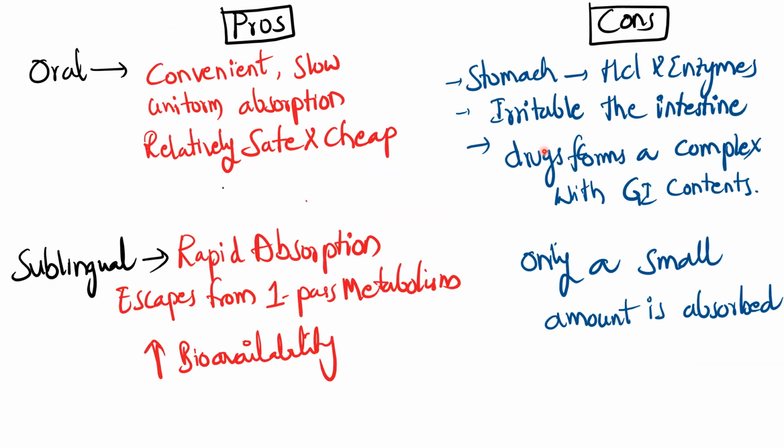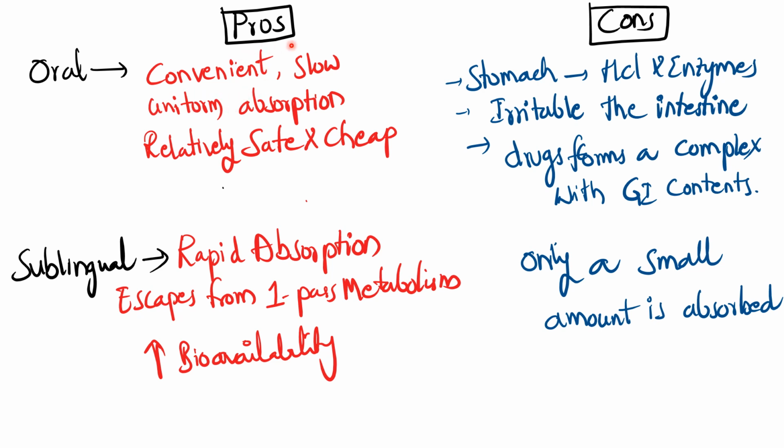So let's learn about routes of administration. The first route of administration is oral. Most drugs are administered orally, for example aspirin, ibuprofen, paracetamol, and many other medications. Oral medications are swallowed and enter the stomach and intestine. From there, they are absorbed into the bloodstream and transported to the target tissue.